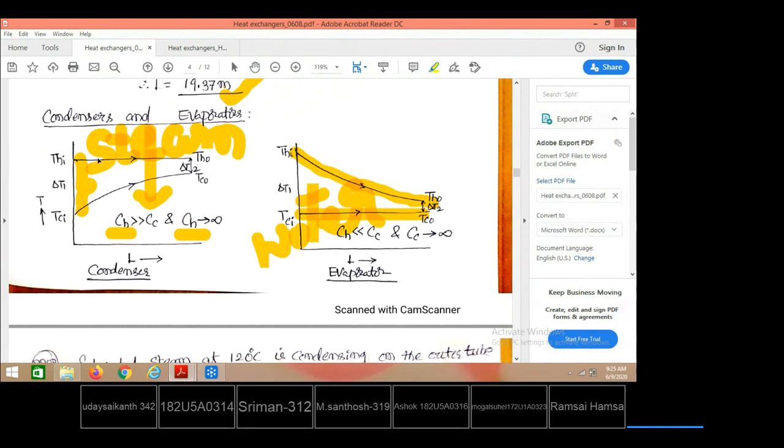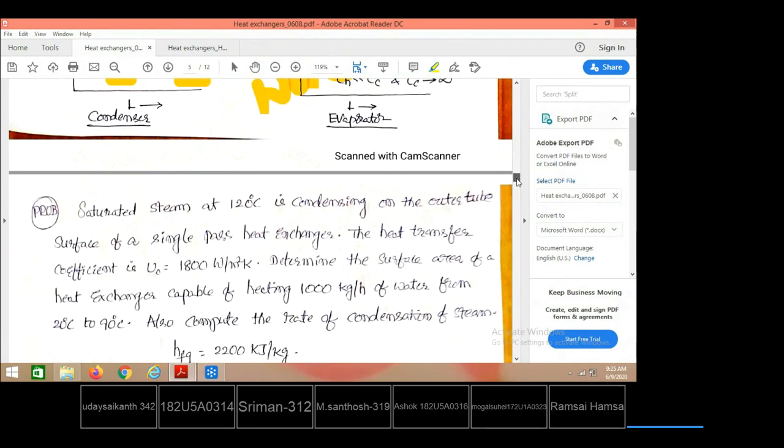We have to differentiate that. In the case of condenser, the hot fluid is undergoing the phase change, maintaining constant temperature, and the other fluid changes temperature without change of phase. In the case of evaporator, the cold fluid remains constant at the same temperature and the other fluid is changing temperature. This is the difference.